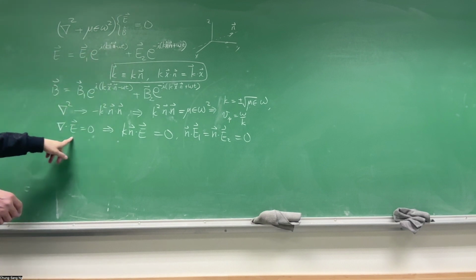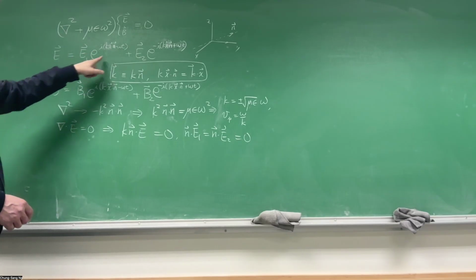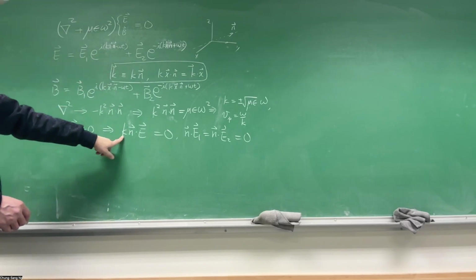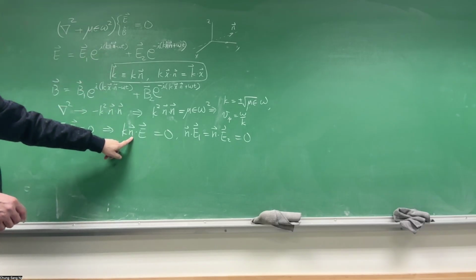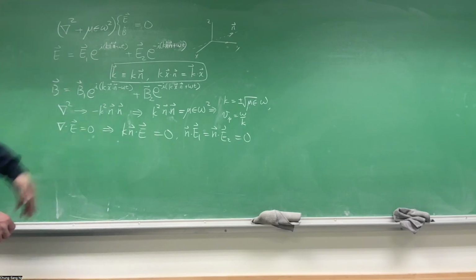When you take the partial derivative, say for the x derivative, you pull out i, k, n sub x, right? And then so on for the other, and then you add the three, it becomes ik n vector, and then you dot back to the electric field, right?